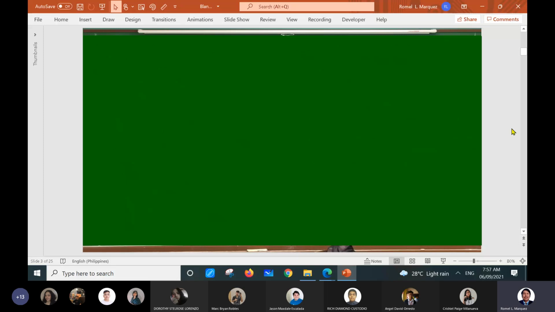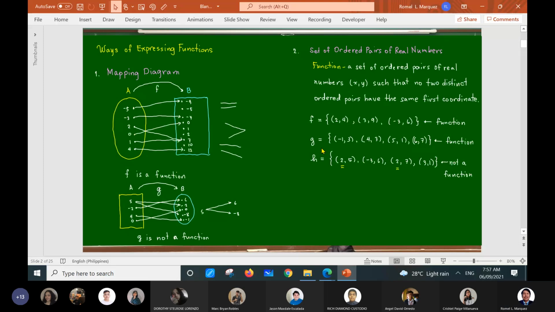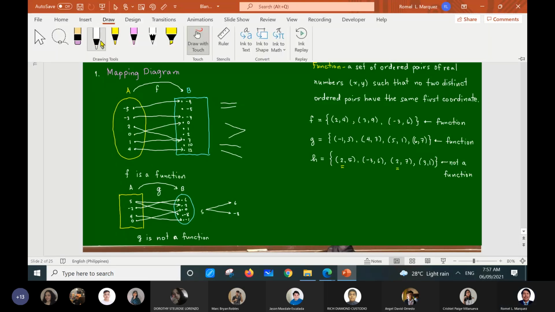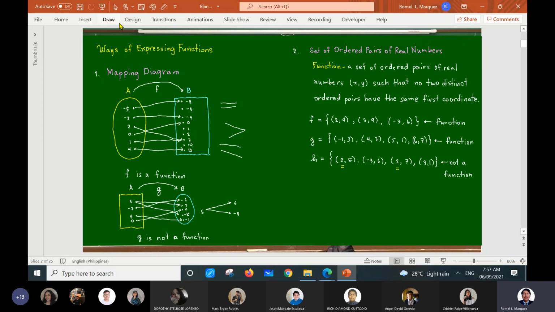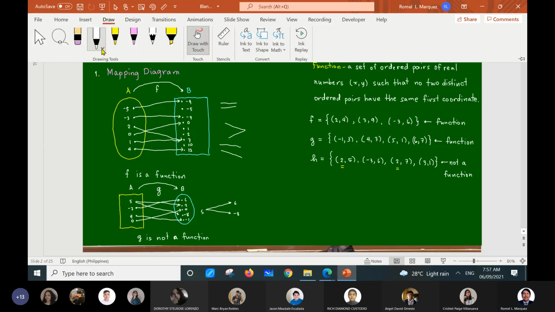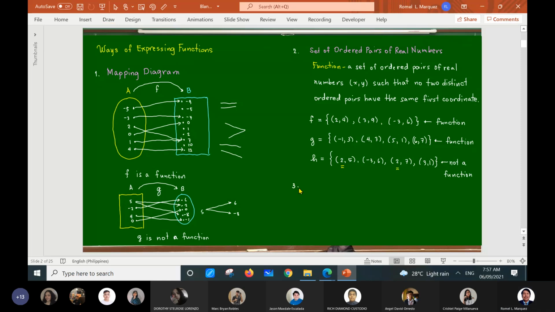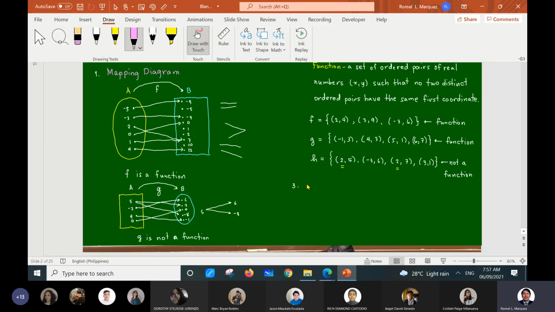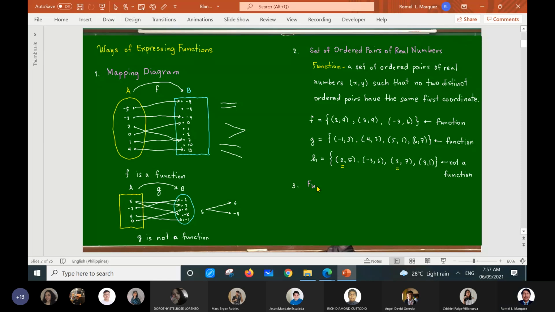You can also think of a function as a machine. Number 3, you can think of a function as a machine.